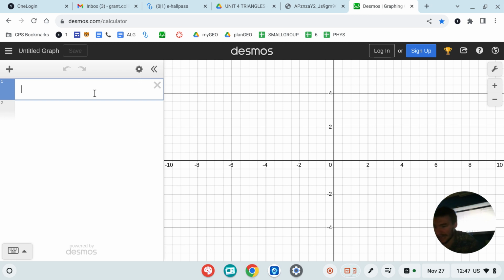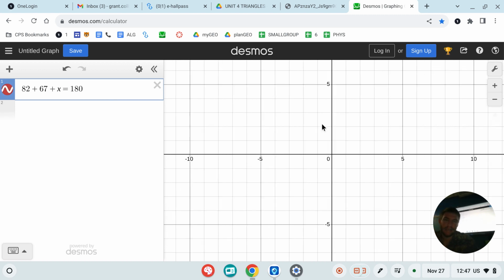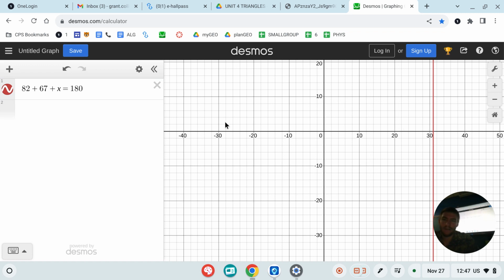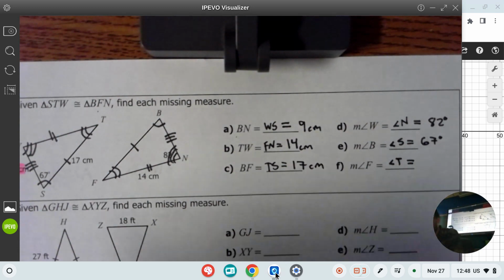So we should have 82 plus 67 plus X. I can't use capital. All of those are equal to 180. We can set it up this way, and we can go looking for it, but really we should hopefully be making our way to 180, take away 82, take away 67, and what's left? 31. You see, we're getting the same answer both ways. 31.